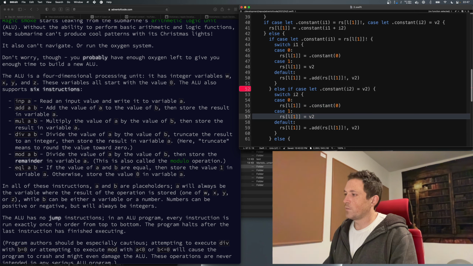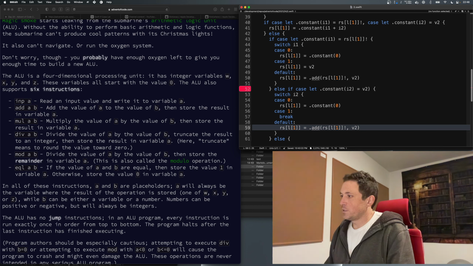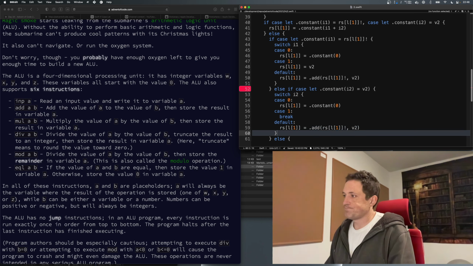If we're multiplying by 1, then we just break it. Otherwise, we do our thing, right? That's a constant. Okay.